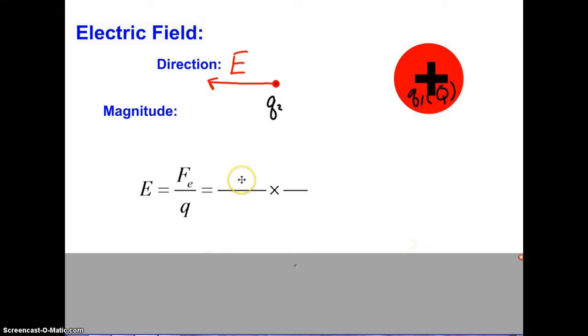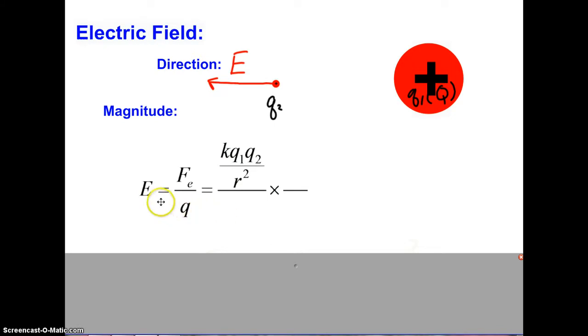Well, how would we calculate in this instance the strength of the electrostatic force? Well, you know from before that we would use Coulomb's law to do that. K, Q1, Q2 over R squared. The question becomes, which charge do we substitute in the denominator of this equation?